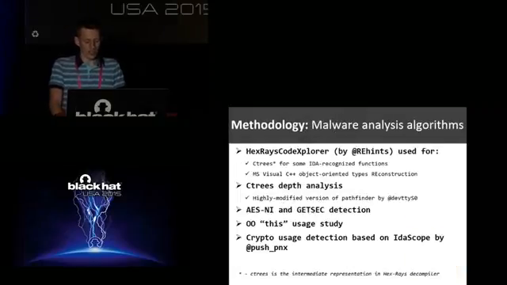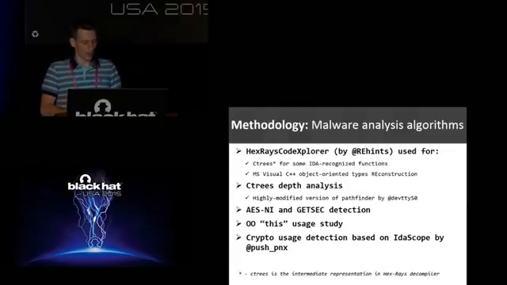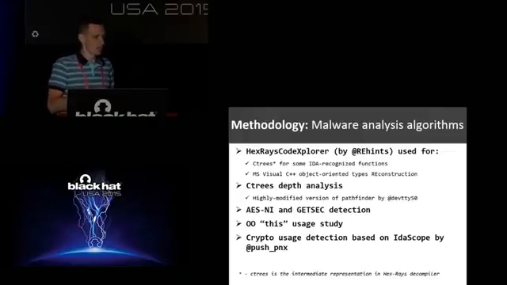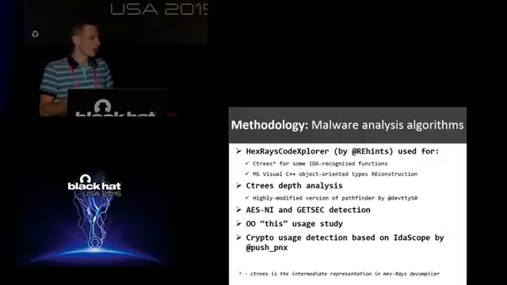So let's talk about how we were doing this, or what kind of algorithms and tools we were using. We were using primarily the intermediate representation in the IDA Pro decompiler, which we'll refer to as ctree. So basically, ctree is the intermediate representation of a decompiled function in the IDA Pro decompiler.